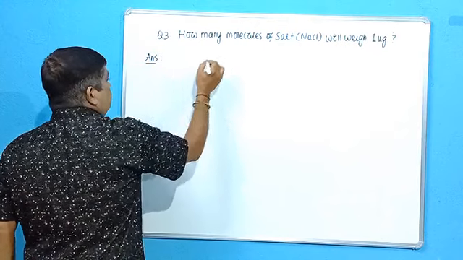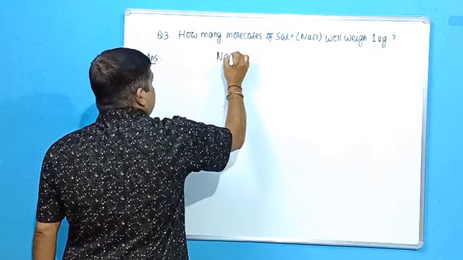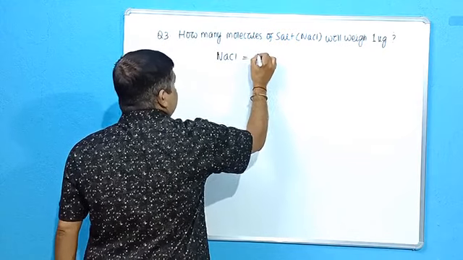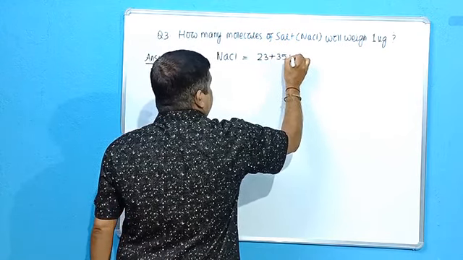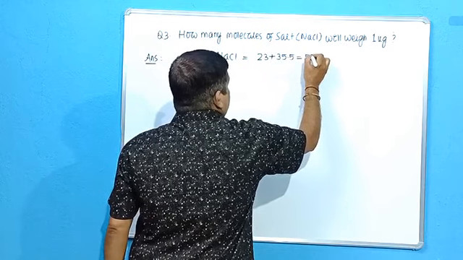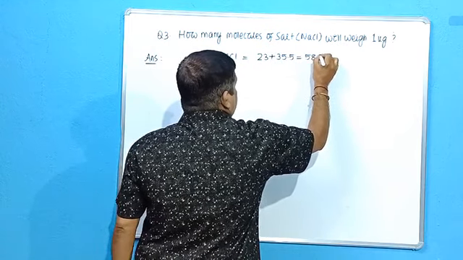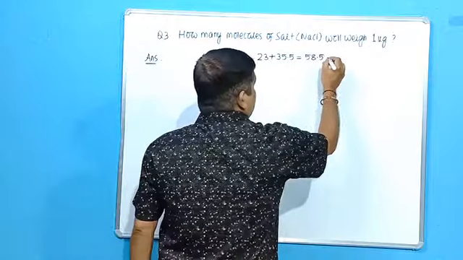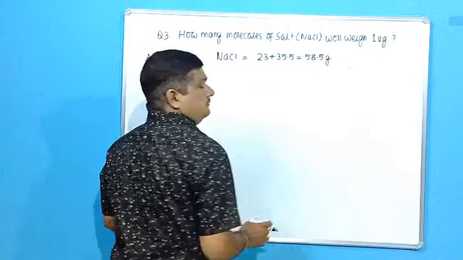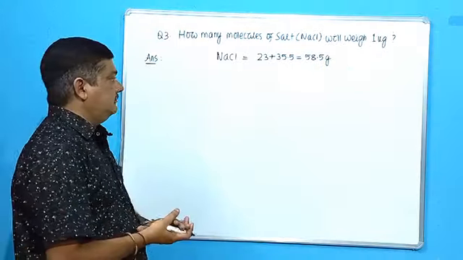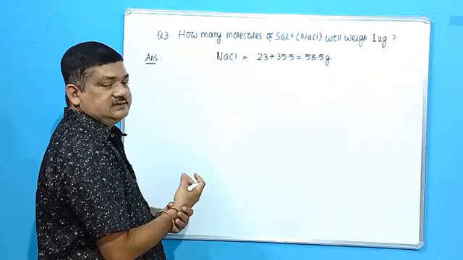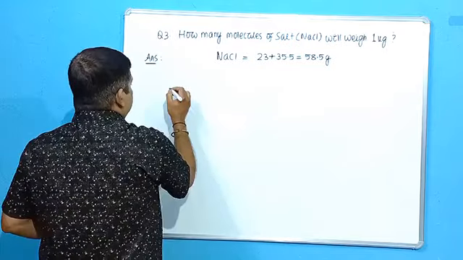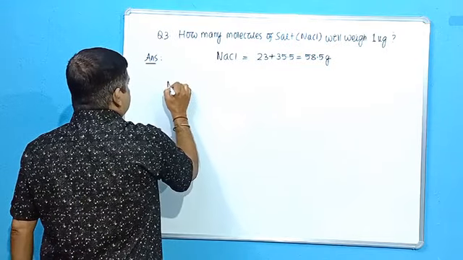Step 1, sodium chloride, NaCl, molar mass. Sodium has atomic mass 23, chlorine is 35.5. So it is 58.5, the molecular mass. So the molar mass will be 58.5 gram. Okay. So the number of moles present in 1 kilo.